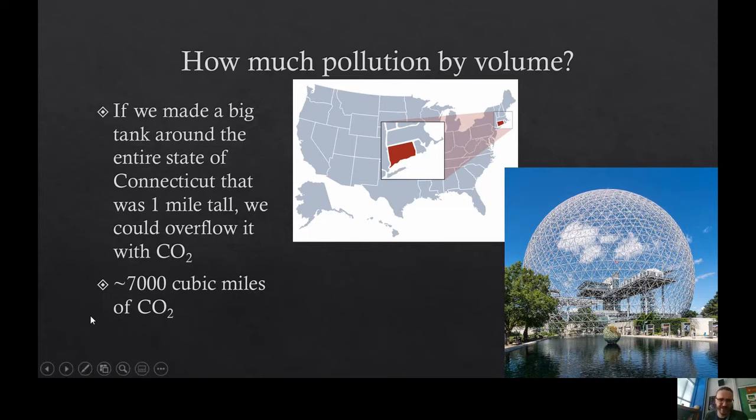To give you an idea of how big that cube would be, imagine we made a giant tank around the state of Connecticut, which is a pretty small state, but it's still huge. Imagine a giant aquarium around Connecticut with a mile-high wall, a giant dome around it, and we filled that up with CO2.